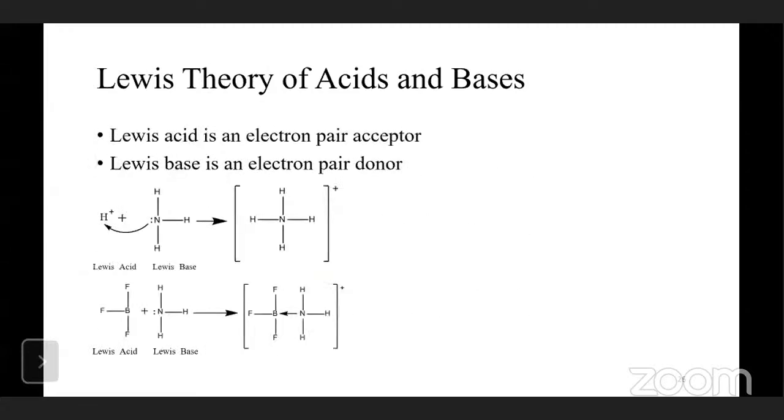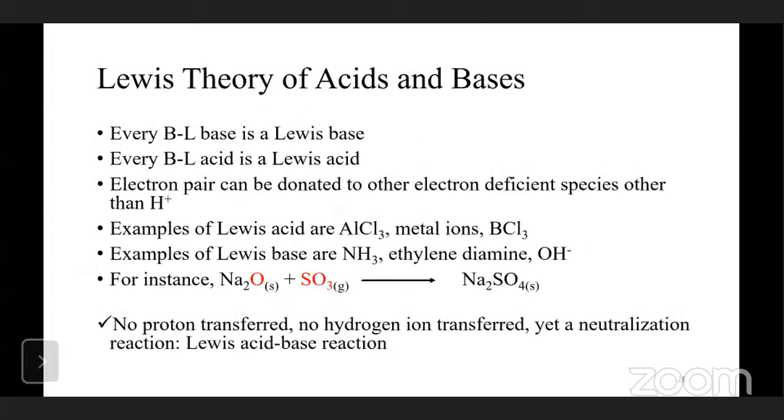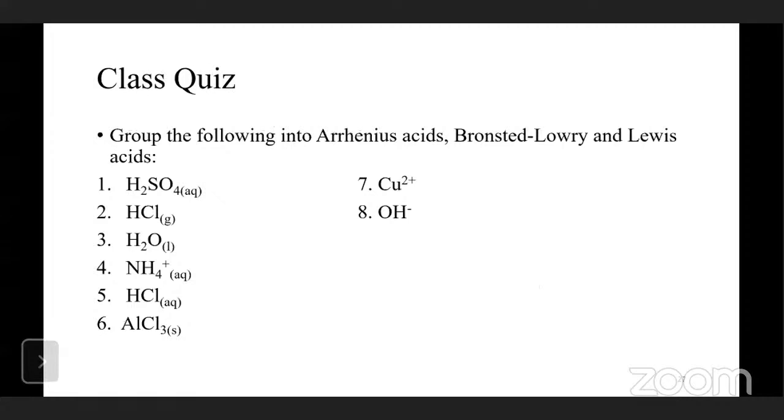Lewis basically defined an acid as an electron pair acceptor and a base as an electron pair donor. We also looked at some examples of Arrhenius acids, Brønsted acids, and Lewis acids and bases.